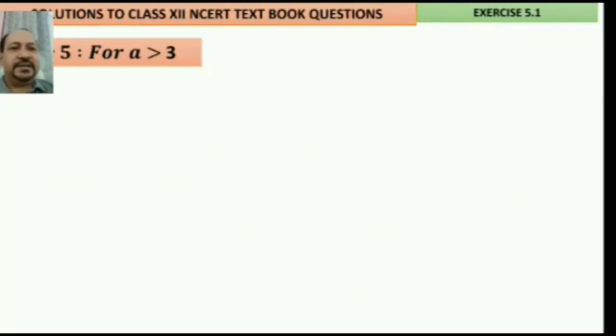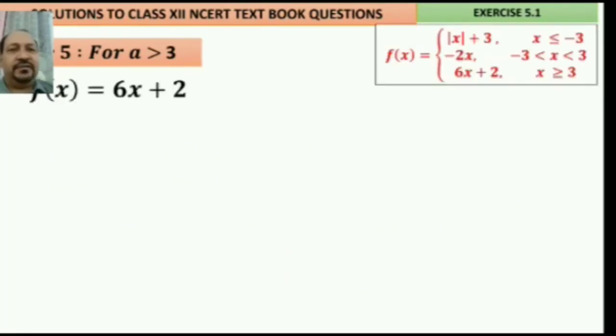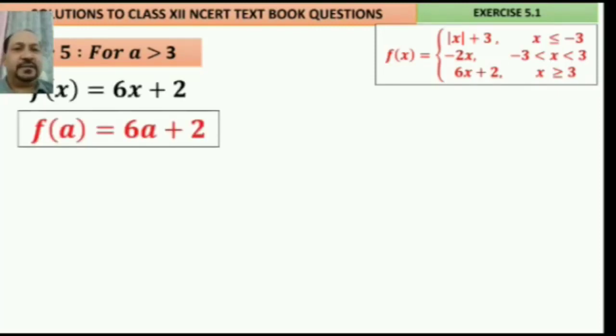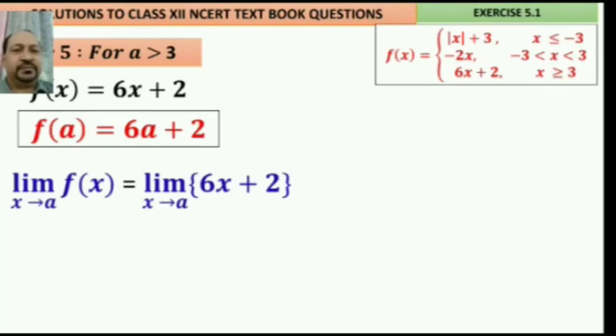Case 5. For a is greater than 3, f of x equal to 6x plus 2. When the value of x is greater than 3, the function value is f of a equal to 6a plus 2. Limit x goes to a f of x equal to limit x goes to a 6x plus 2.